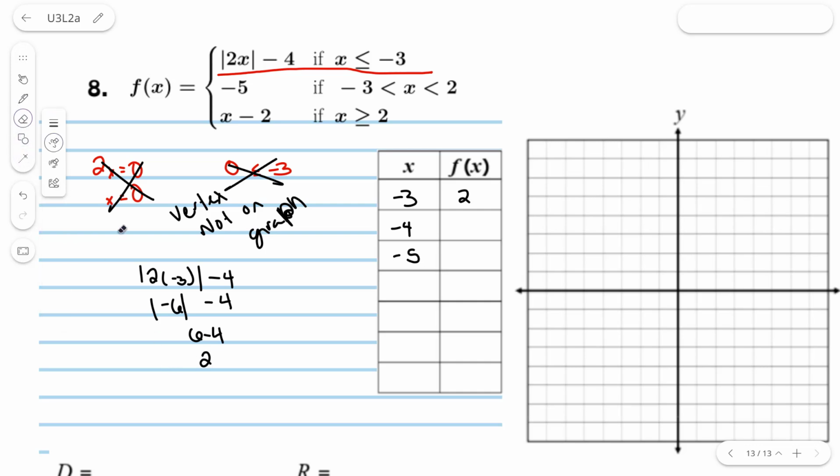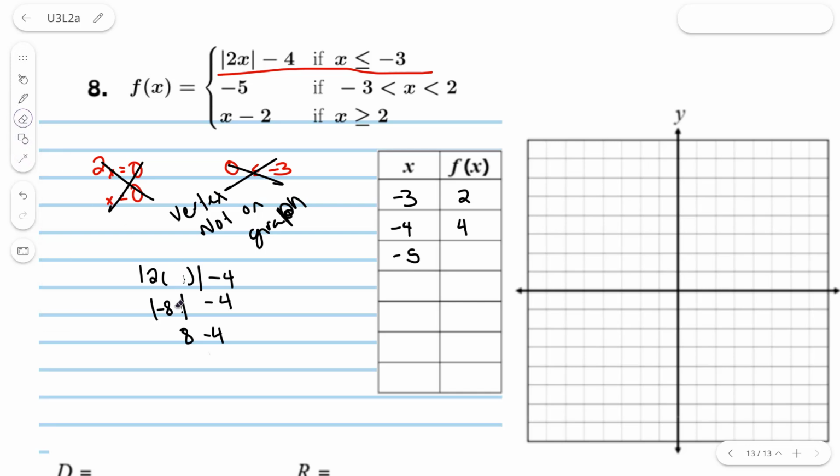Now let's check the next one. And so when I plug in a -4, I get -8. 8 minus 4 is 4.